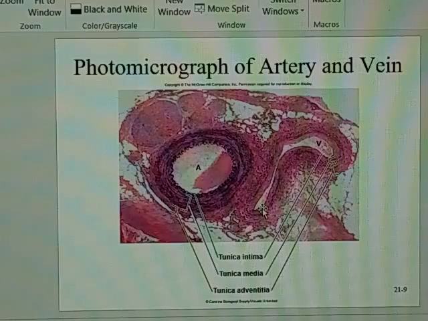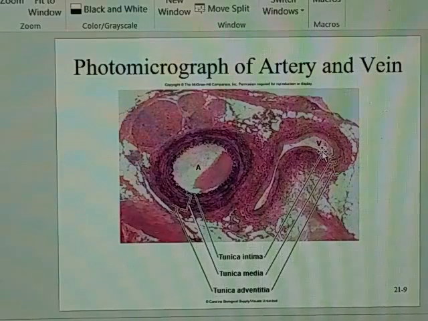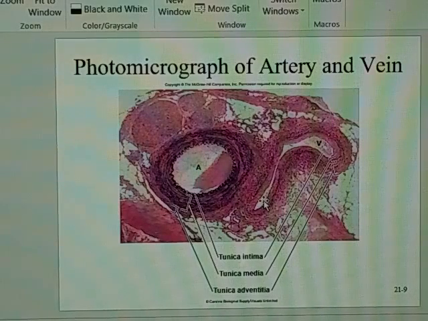The vein, what we're going to learn is that the veins have the ability to collapse, meaning they're not going to have a very tough structure like we see in the arteries, because the veins are going to be for the blood return back to the heart, and we're going to find that there's going to be some valves located in the veins that help with the blood flow.